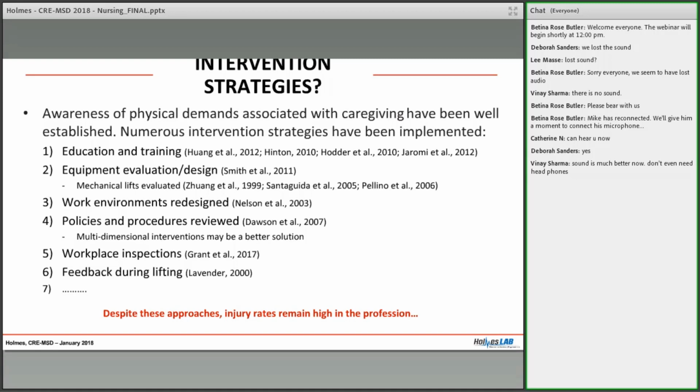There's been a lot of work around redesigning environments, making sure that policies and procedures have been reviewed, making sure that inspections are done at the correct times to see if people are enforcing their lift guidelines and policies. And there's been work around feedback during lifting. Despite these approaches, though, injury rates remain high in the profession.